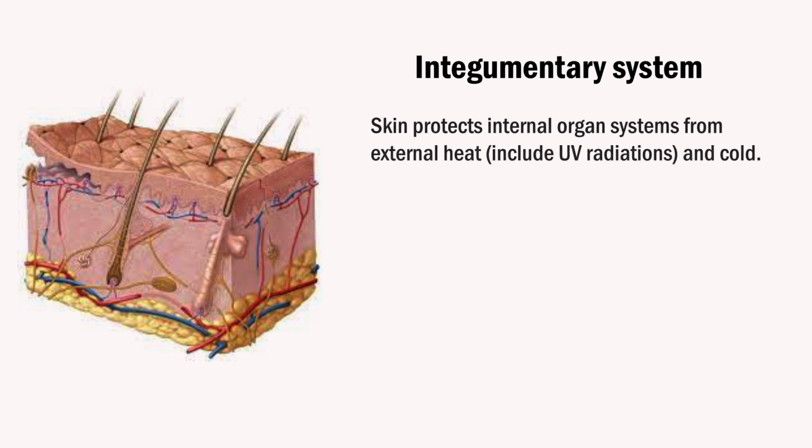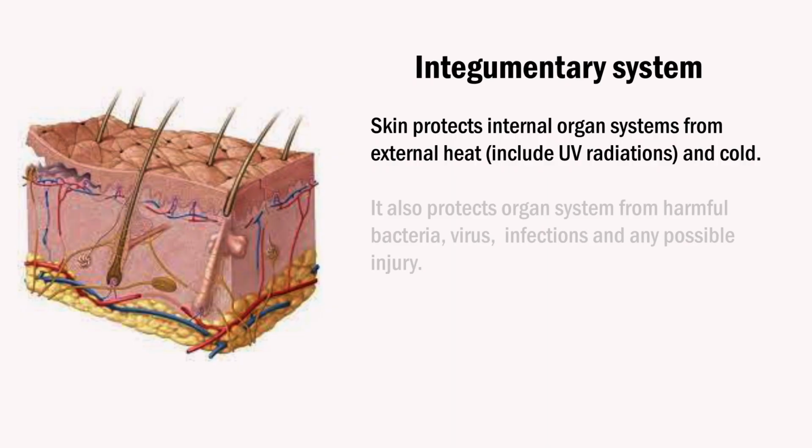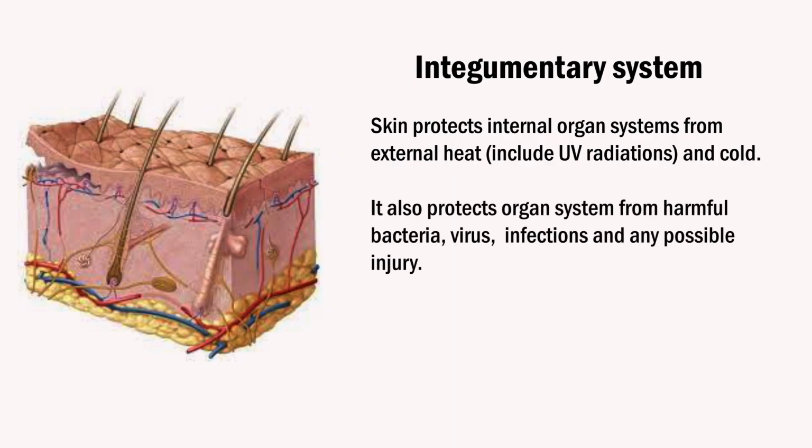The major part of the integumentary system is the skin, which protects the internal organ system from external heat, including ultraviolet radiation, and cold, thus maintaining body temperature. It also protects the organ system from harmful bacteria, viruses, infections and possible injury.